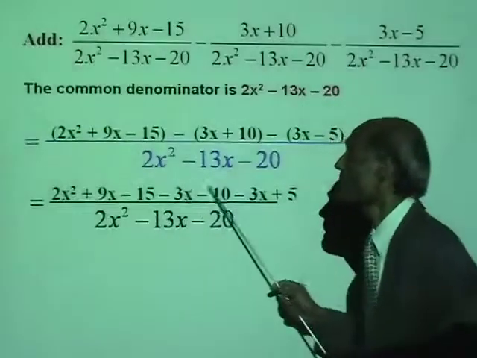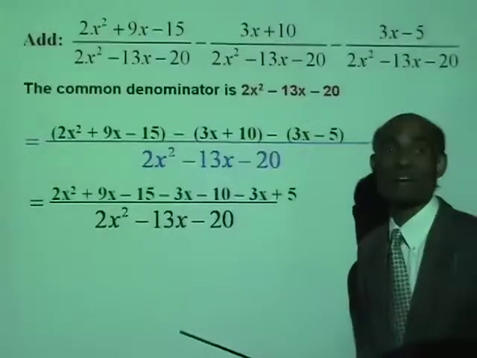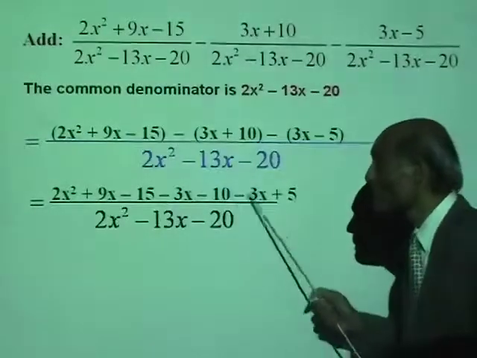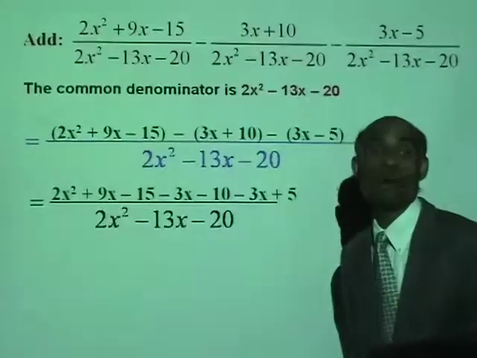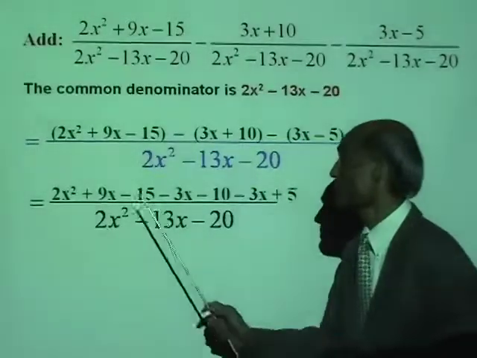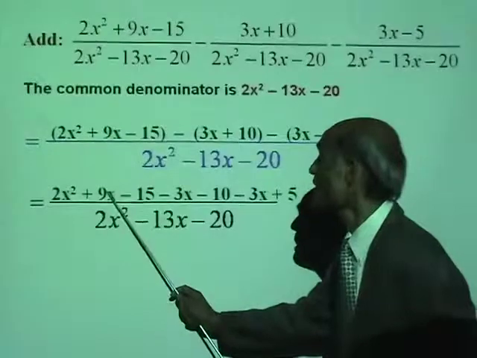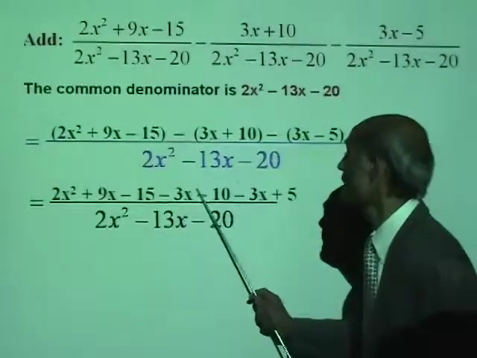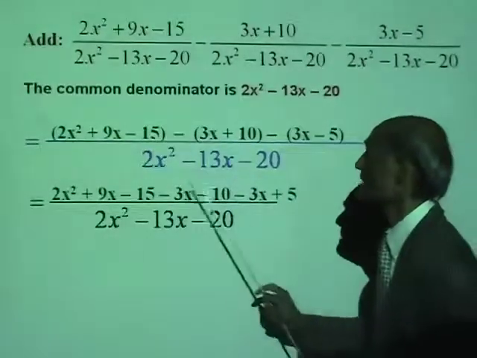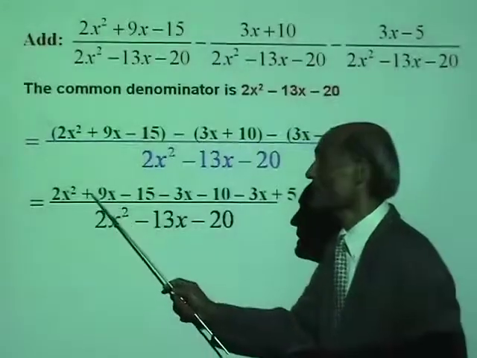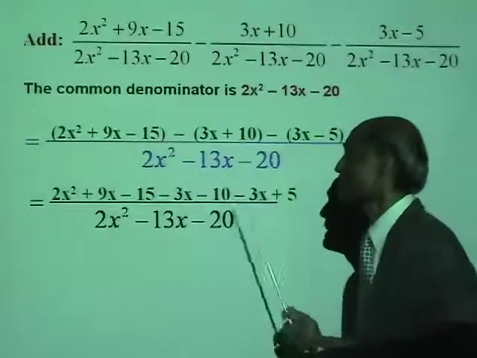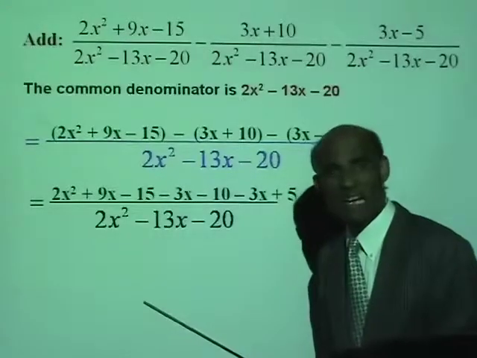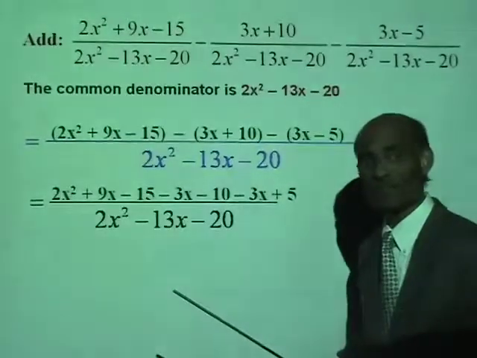And now let's simplify what is on the numerator. 2x squared is alone. There is no other x squared term. And now 9x minus 3x minus 3x. Can you simplify that in your mind? 9x minus 3x minus 3x. Did you get it as a 3x?